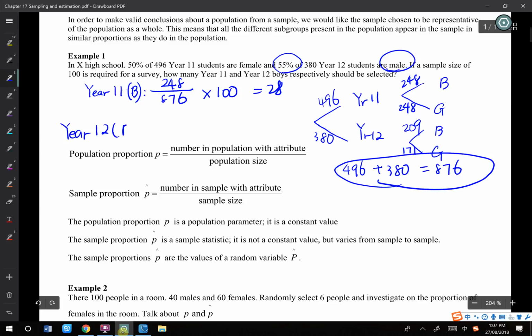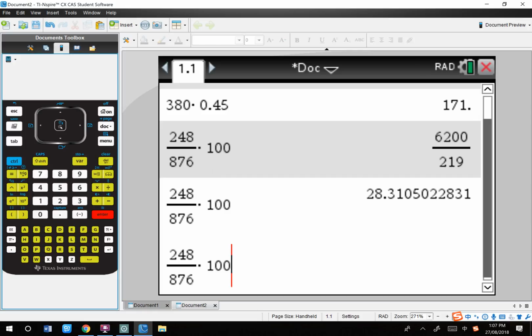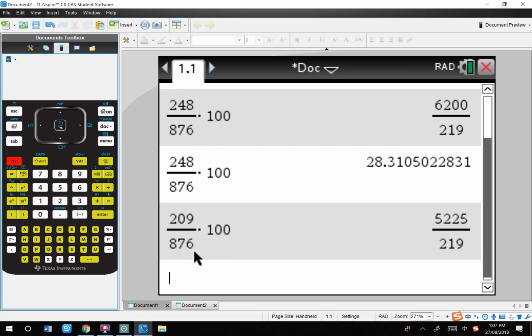For year 11 boys, we want a similar proportion. Year 12 boys, there are 209 year 12 boys out of 876.